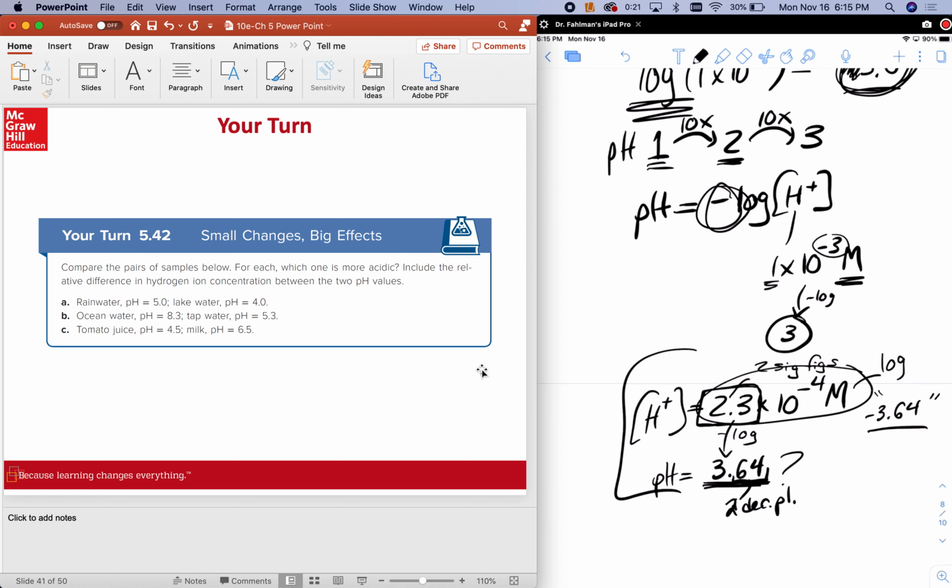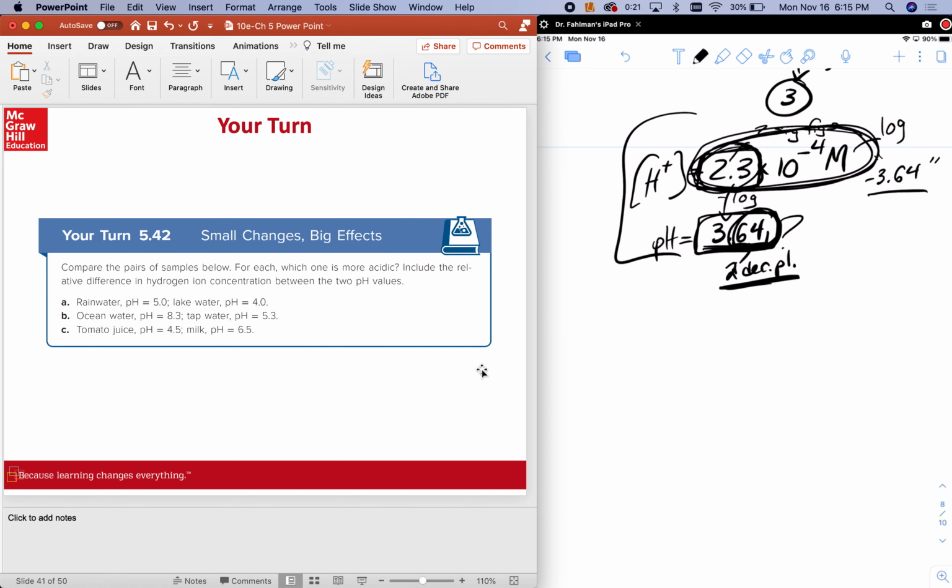So again, your concentration is about sig figs, and then your pH afterwards should have that number as decimal places. So this has 3 sig figs total, but 2 decimal places to match the 2 sig figs that you had in that number. Okay.